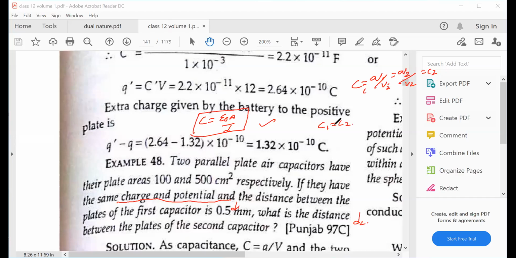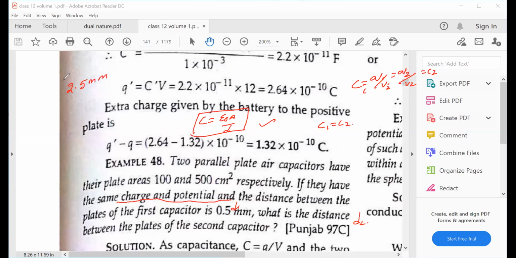Zero point two five, 0.25 distance. Is it in centimeter or millimeter or meters? Millimeter, yes ma'am. Wrong, it is not 0.25 millimeter. So the answer is 2.5 millimeter.